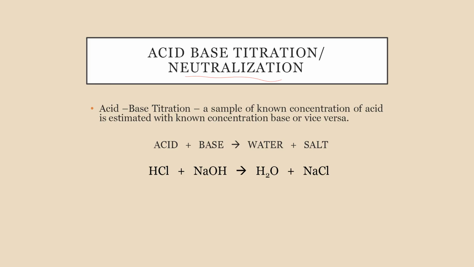A sample of known concentration of acid or base is titrated with a known concentration of base or acid. Acid plus base would give you water plus a salt. Typically, the endpoint is given by the reaction of the indicator.